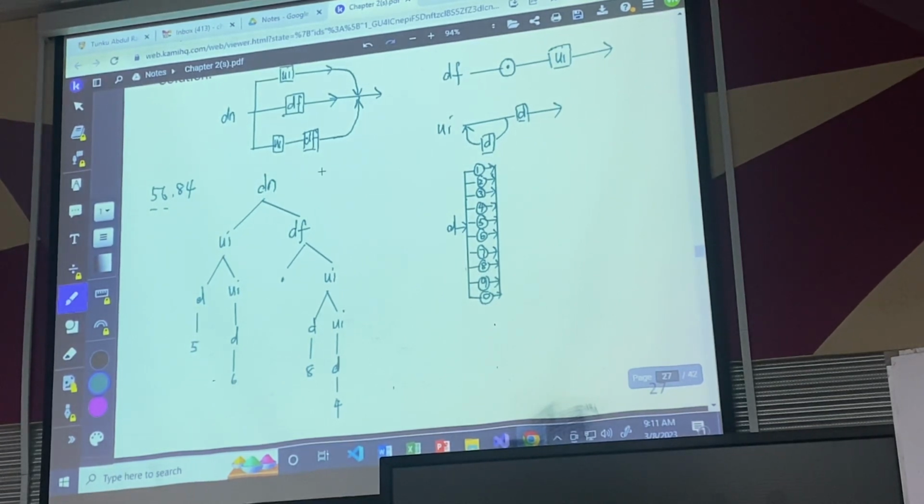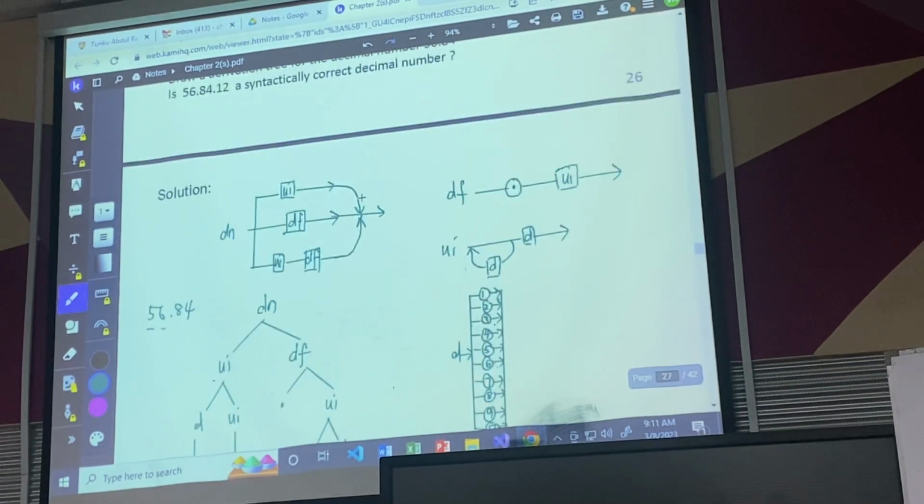So that is why we say this number is not syntactically correct.